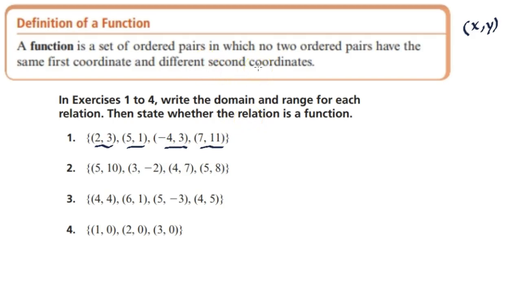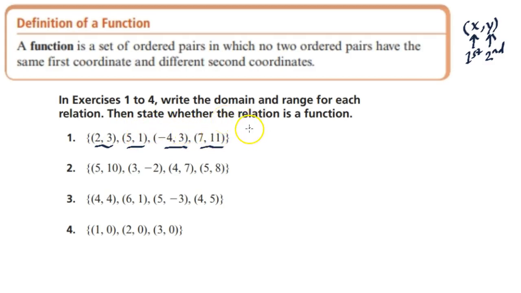And as mentioned, for domain and range, the domain is the set of all first coordinates, and the range is made up of the set of all second coordinates. So we have 4 first coordinates, and then we have 4 second coordinates.